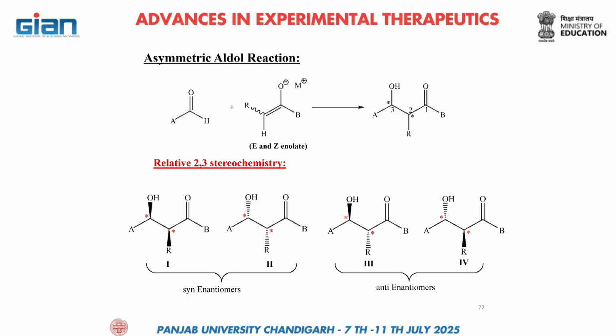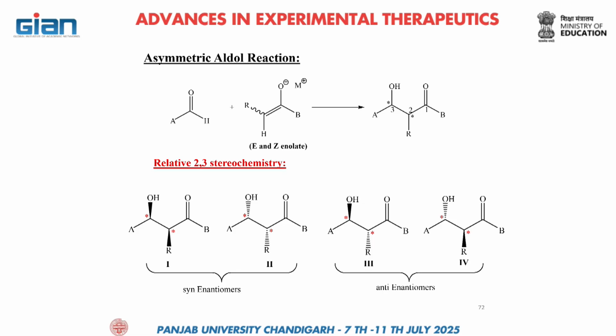You don't need to know any steps, but if you listen to 4 to 5 lectures very carefully, you just have to give the keywords on how you are going to attain any one in majority. In the first line, you can say that by appropriate selection of either E enolate or Z enolate, we can rule out 50% of the products.